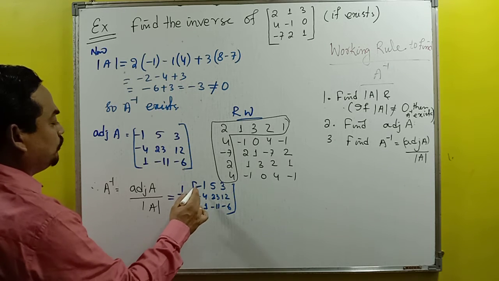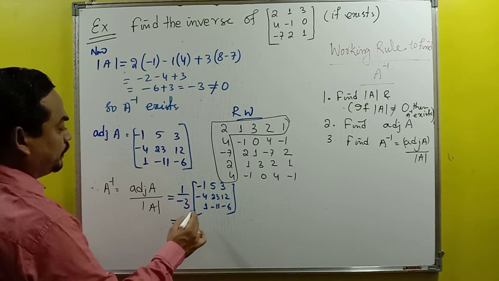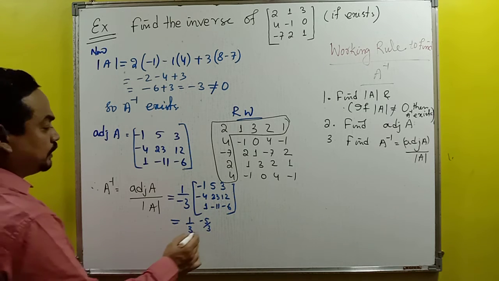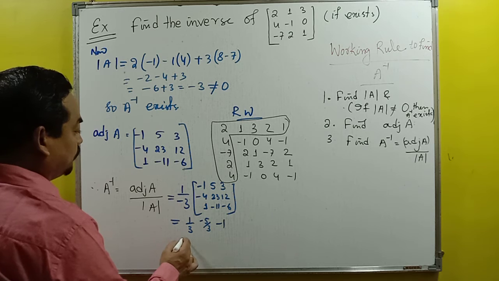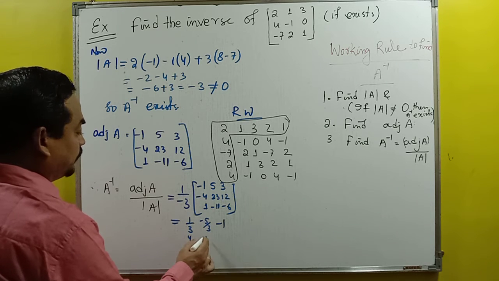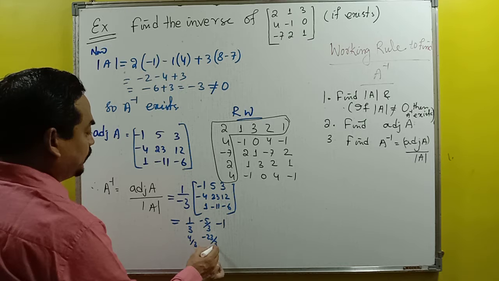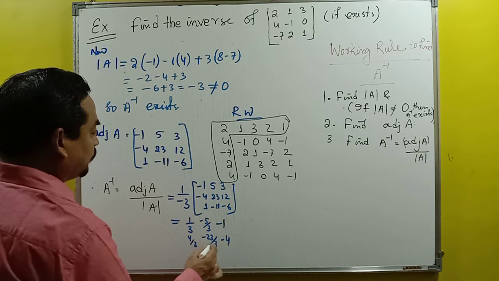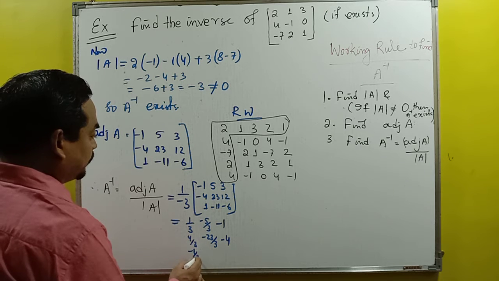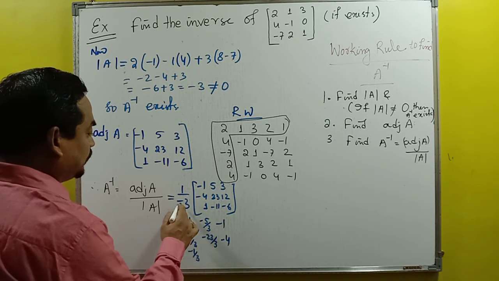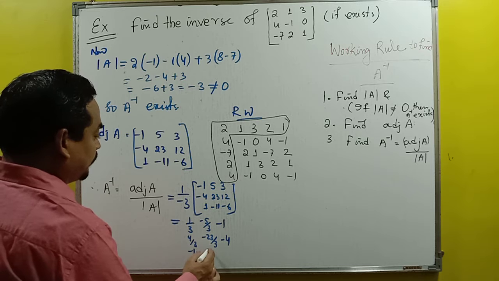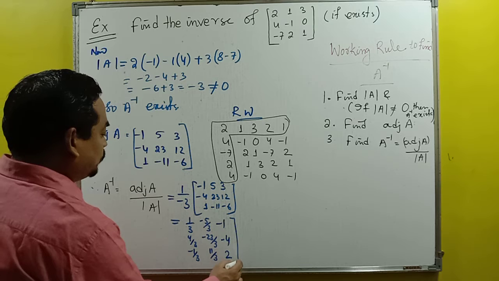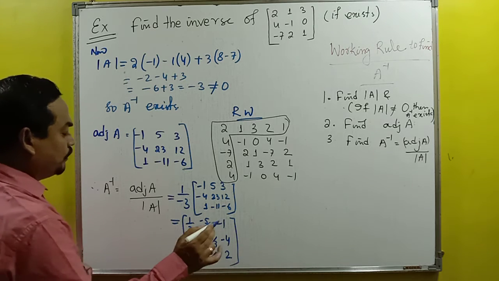This will be 1 by 3, minus 5 by 3, as this is multiplied to every element, and minus 1, it is 4 by 3, minus 23 by 3, 12 by minus 3 which is minus 4, minus 1 by 3, plus 11 by 3, and plus 2. So this will be your A inverse.